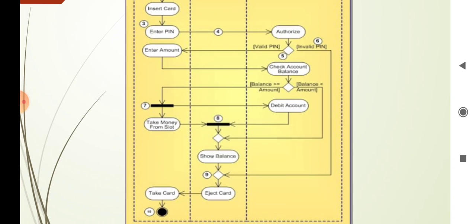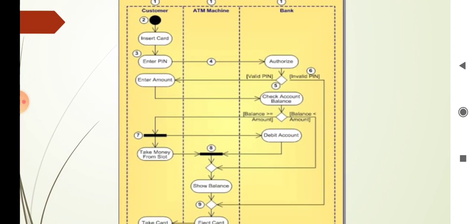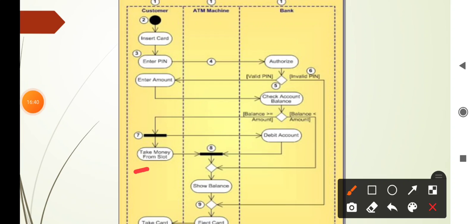eject card. Then here enter amount, then check the balance. Here the balance is greater or equal to the amount, or the balance is less than the amount. Here also a decision occurs: when the balance is greater or equal to the amount, then we can take money from the slot.